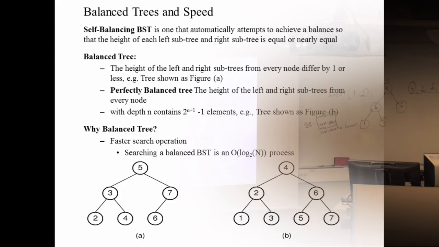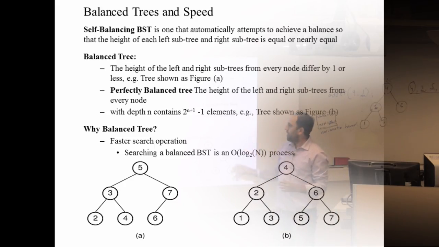So we can fix this problem by using an advanced form of this binary search tree, which we call the balanced tree, or the self-balancing tree. The feature of this balanced tree is that it keeps trying to make the height of each left subtree and the height of each right subtree equal or nearly equal.